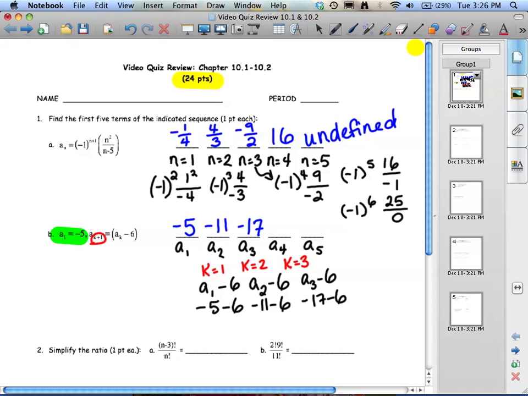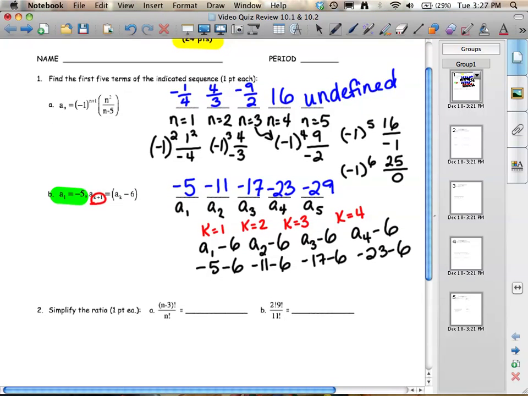So in the blank you would write -23. And then A sub 5, K would need to be 4. So it's asking you to figure out A sub 4 minus 6, which is -23 minus 6, which is -29. So there'll be 2 of those, 1 point each, where you have to write the sequences down. Yes, one of them will be recursive.